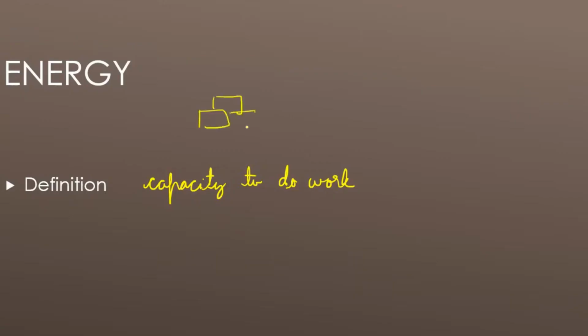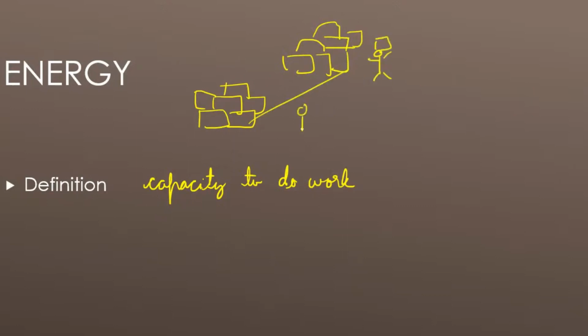Suppose these boxes are kept here and there are more boxes on this side, and there are two people who have to carry these boxes to the other side and stack them like this.